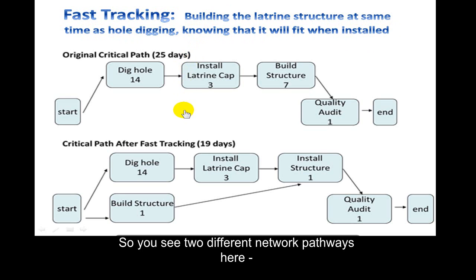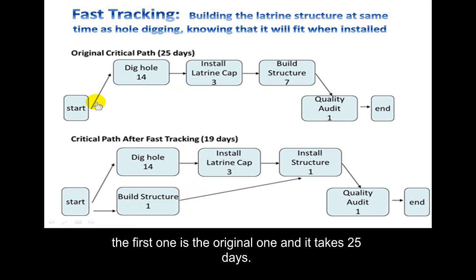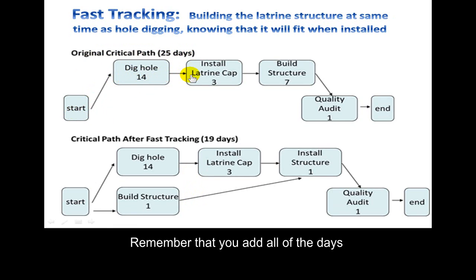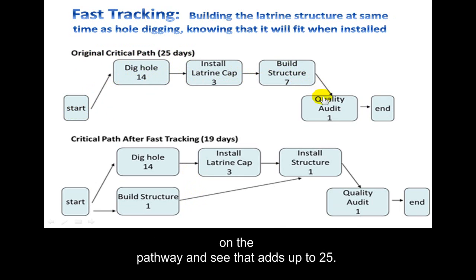So you see two different network pathways here. The first one is the original one, and it takes 25 days.